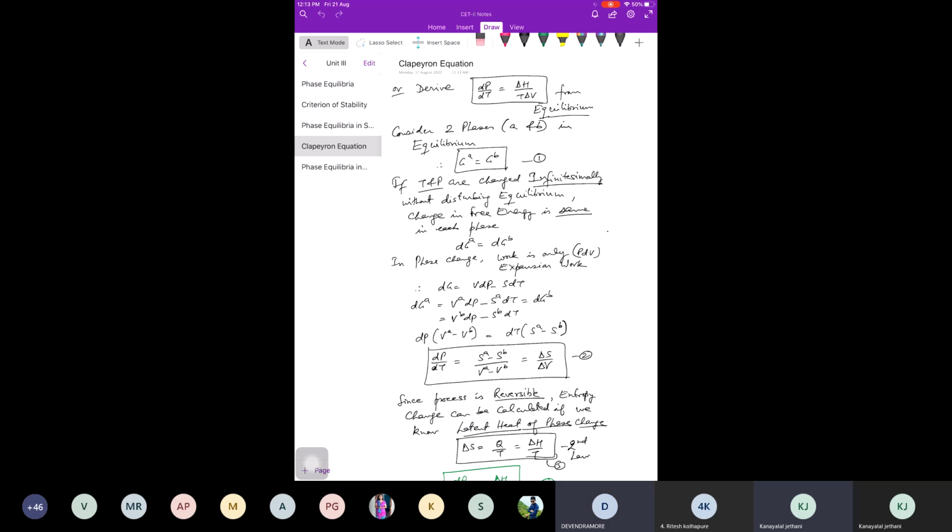राइट? अगर लिक्विड से वेपर में वाटर वेपोरेट हो गया तो वॉल्यूम चेंज होगा, राइट? If some water is vaporized, liquid का वॉल्यूम थोड़ा चेंज होगा, वेपर का वॉल्यूम चेंज होगा. So delta S is not zero, delta V is not zero.